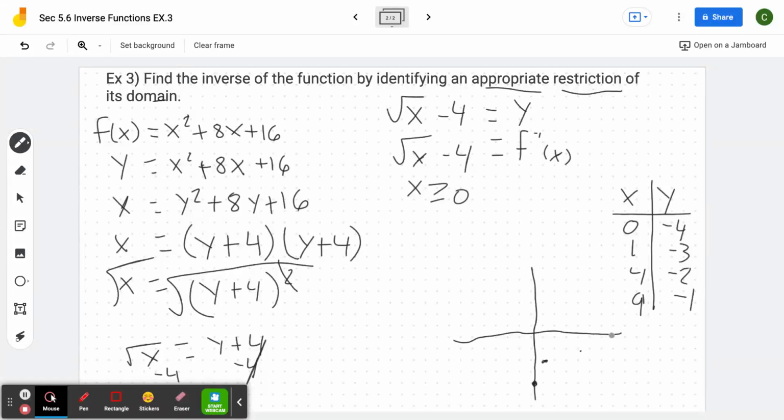So 5, 6, 7, 8, 9, negative 1, and so forth. So I draw this line here. You guys get the idea. It's half of the parabola because we started off with a parabola over here. And so our domain is restricted to x equals 0. x is greater than or equal to 0.